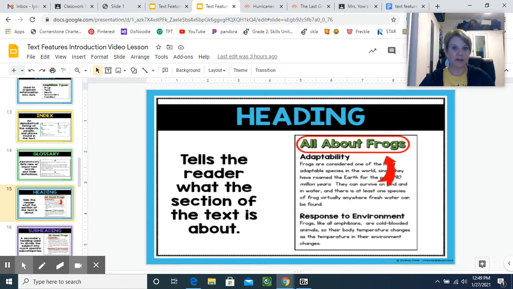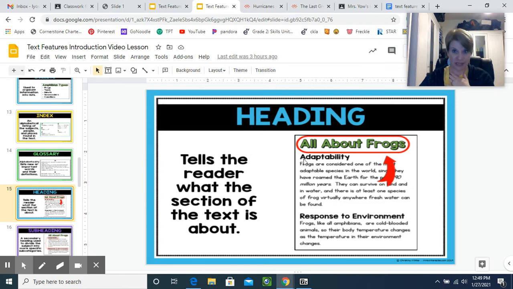A heading tells the reader what that section of the text is about. So if I'm reading the story about frogs, my heading, when I get to a new chapter, this one's called All About Frogs. That is my heading. So that means everything on these pages from now until I get to the next heading is going to be about frogs.